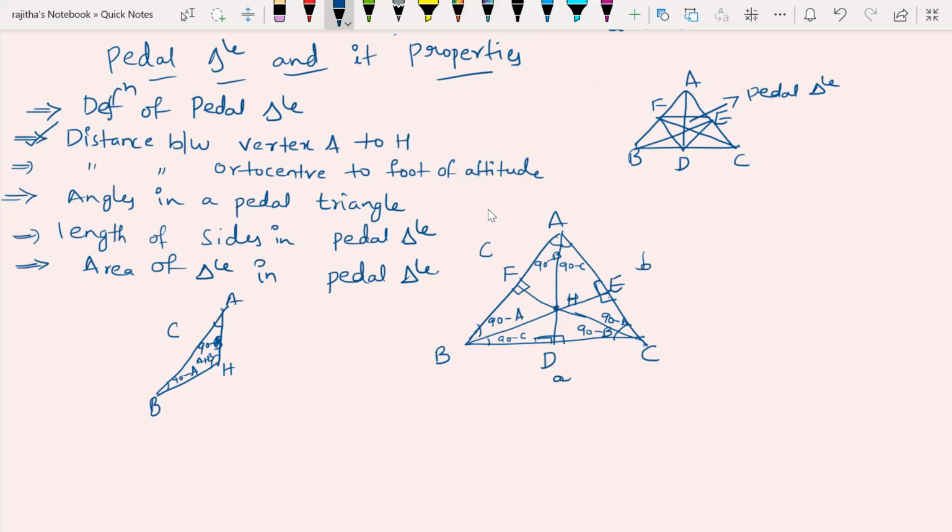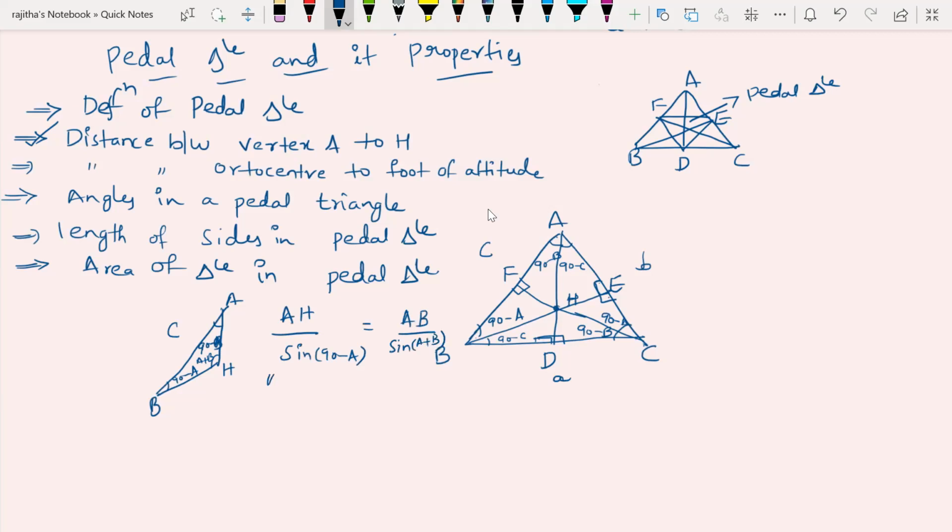This side is small c. See what about the sine rule here? AH by sine 90 minus B is equal to AB by sine A plus B.